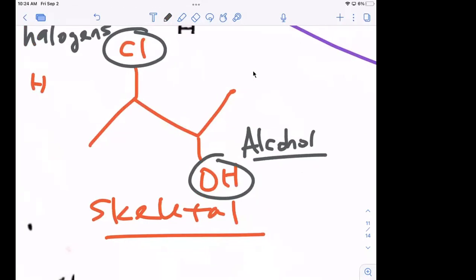Normally with OH, if it's just by itself, it's a hydroxide. But when it's bonded to carbon, that functional group becomes an alcohol. So anytime you see an OH bonded to a carbon in a chain or in a ring, it doesn't matter, it's going to be classified as alcohol.